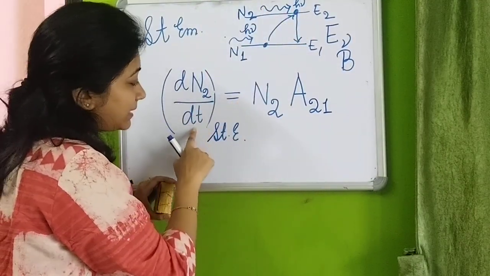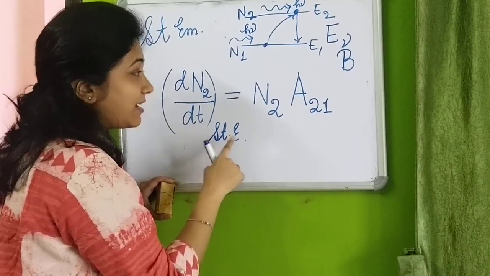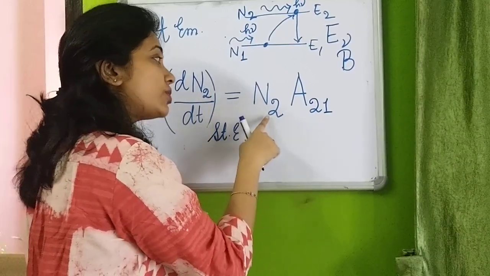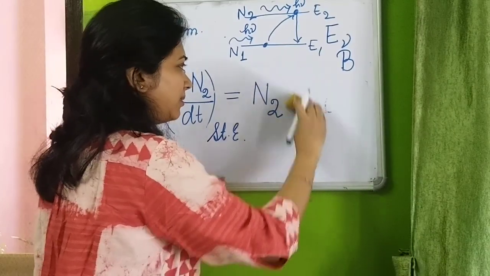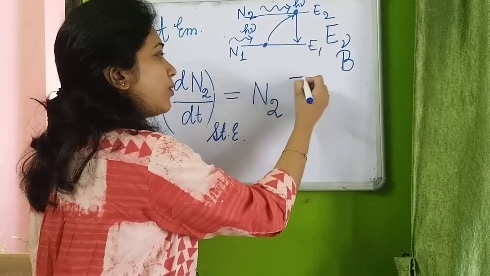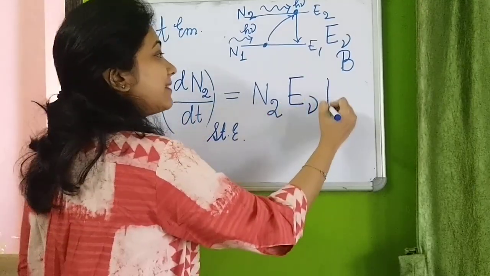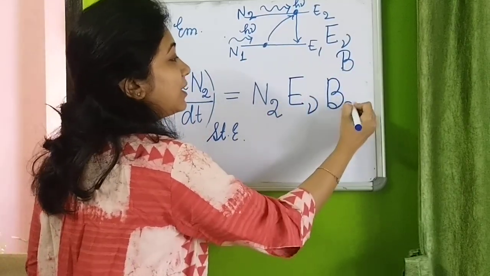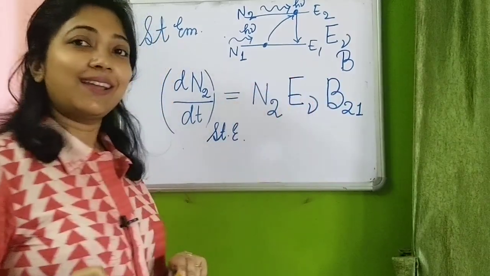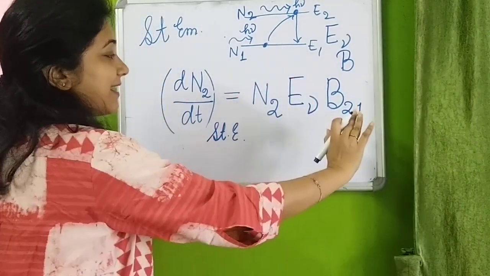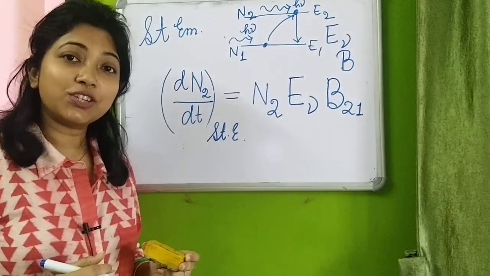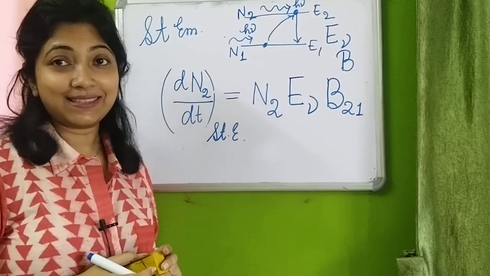The rate of stimulated emission is again proportional to N2. It also has the contribution of the energy density and the coefficient B21. So this is the rate equation of stimulated emission as given to us by Einstein.